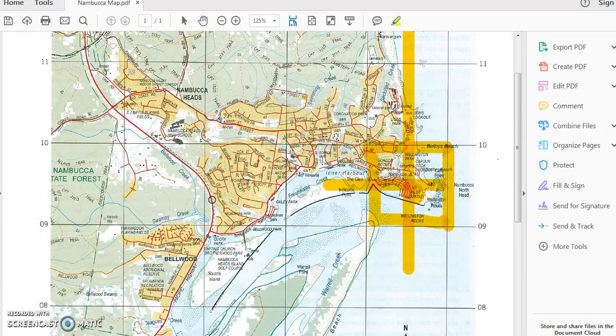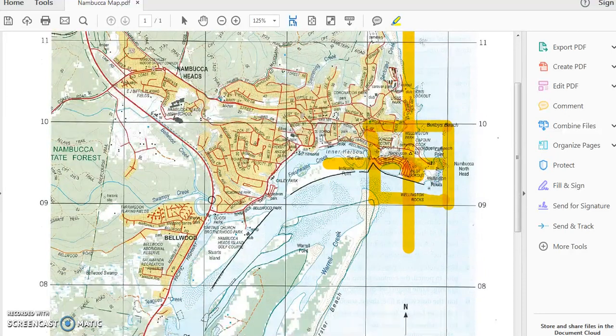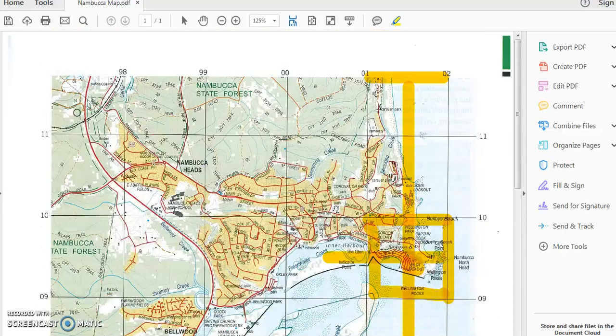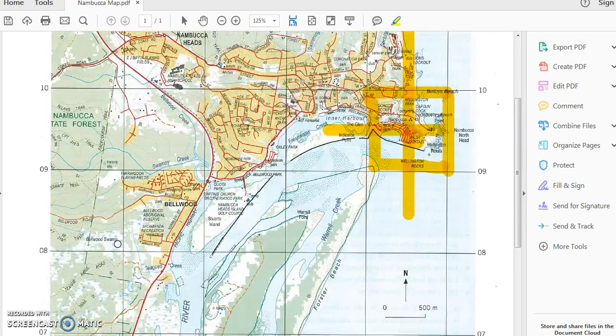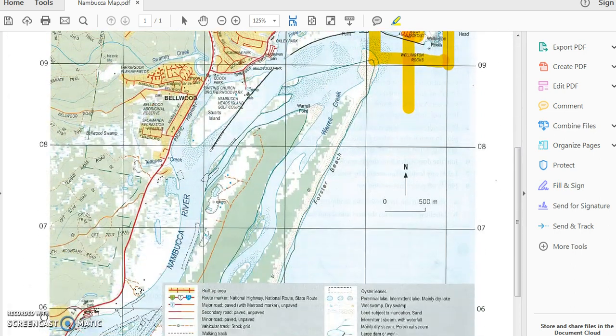Our second point is area reference 9807. So again, we walk along the path until we get to our point, which is 98. We always look ahead when we walk along the path, so we're looking at the column between 98 and 99. Then we climb the tree until we get to our next point, which is 07. And we always look ahead when we climb trees.